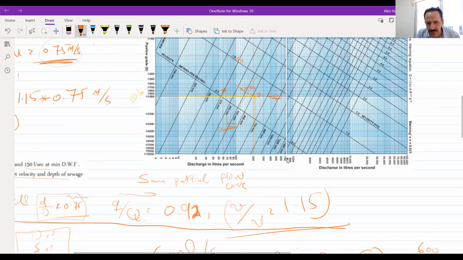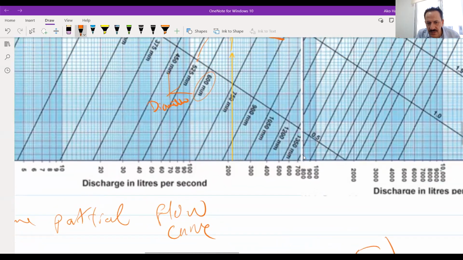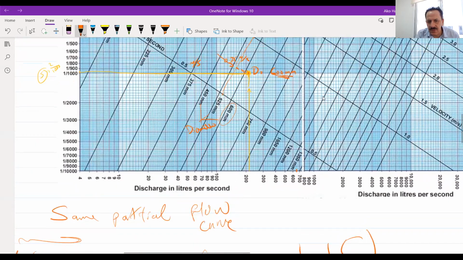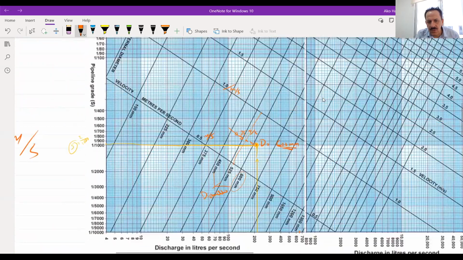Here's the diameter for 652 and 1 meter per second. First of all, 652. Where's the 600? This is the 600, and this is 1, 2, 3. That will be here, this 652. And what will be the velocity?